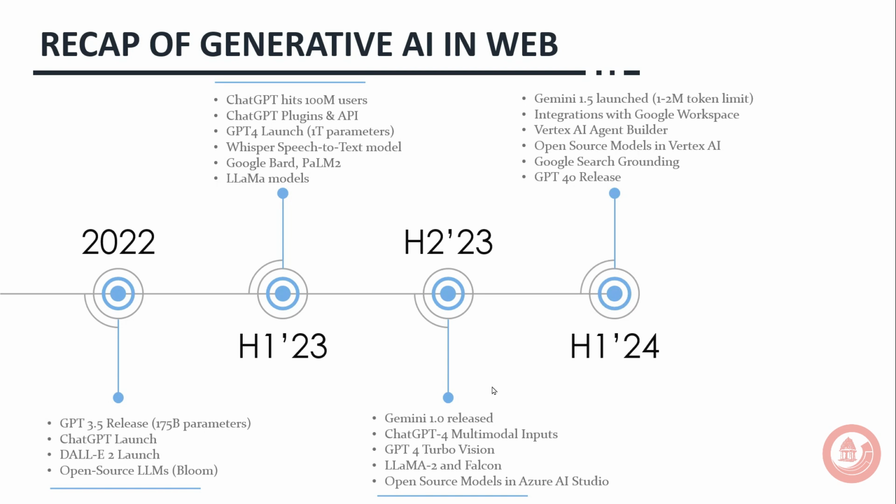And the open source models were also integrated in Vertex AI, similar to the Azure AI Studio. And you can go and use any Llama models or anything available as open source within Vertex AI as well today. And the Google search grounding was also introduced. This is another breakthrough in the Gemini space. Because today, if you look at any of the GPT models, these were pre-trained only till a specific date, like September 2021 or October 2023.